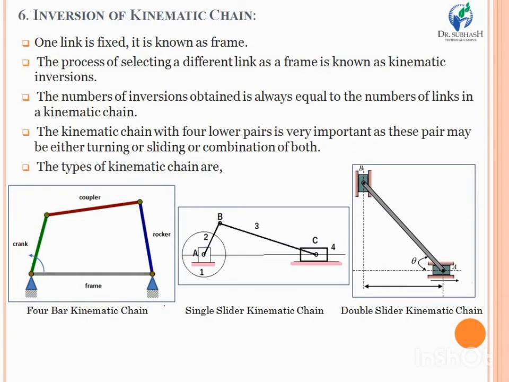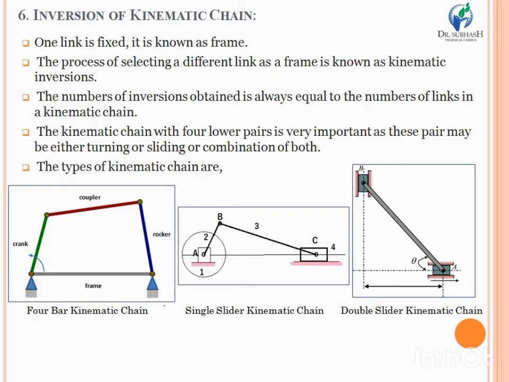The 4-bar kinematic chain has 4 turning or revolute pairs, whereas the single slider crank chain has 3 turning pairs and 1 sliding pair, and the double slider crank chain has 2 turning and 2 sliding pairs. So this is the little difference between each type of kinematic chain.